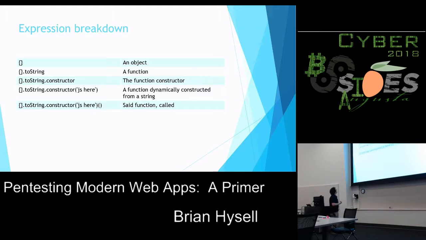We haven't called that. Then if we add constructor, we get the Function constructor, and that's not just the constructor for toString, it's the constructor for functions in general in JavaScript. JavaScript's Function constructor, we can pass raw JavaScript to it and dynamically create new functions at runtime. So then if we call that by adding those parentheses, we'll pop our alert box.